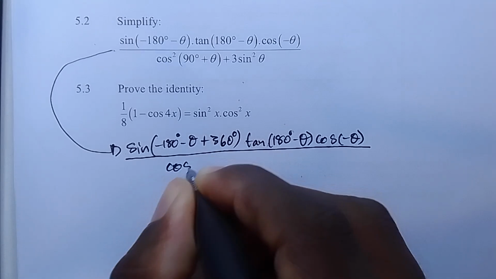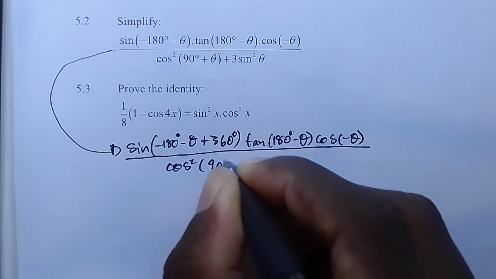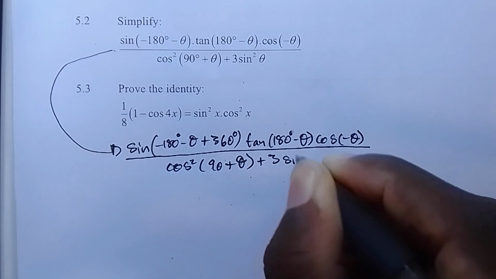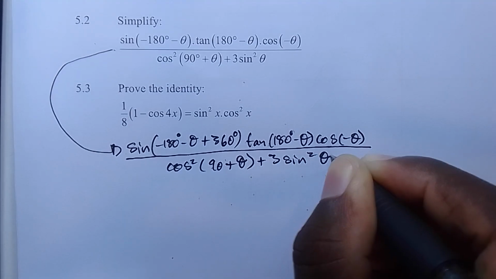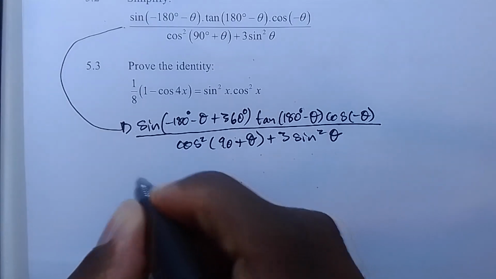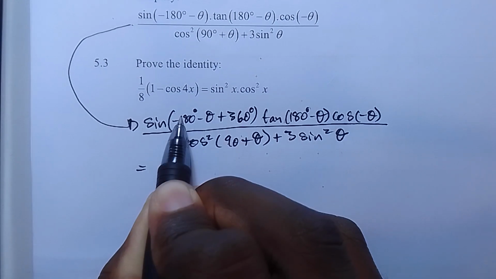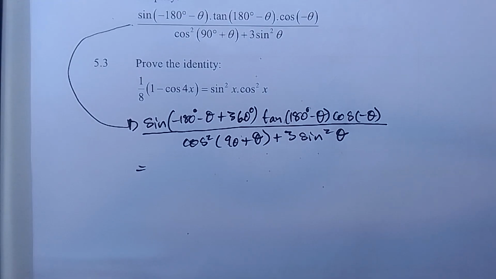I have cos squared 90 plus theta plus 3 sine squared theta. Okay, so now you say if you're adding 360 here, go to your calculator if you want.